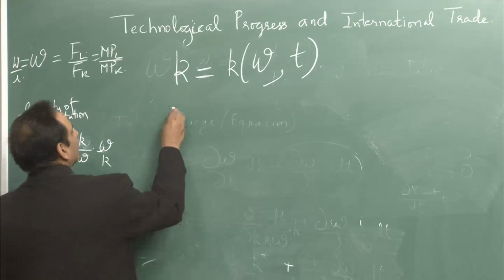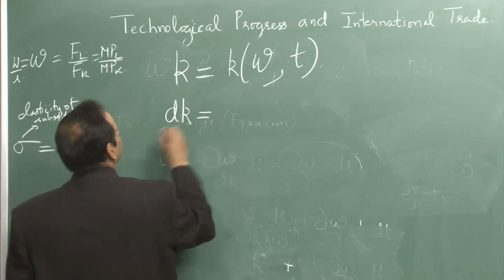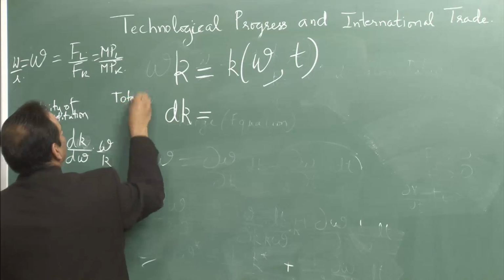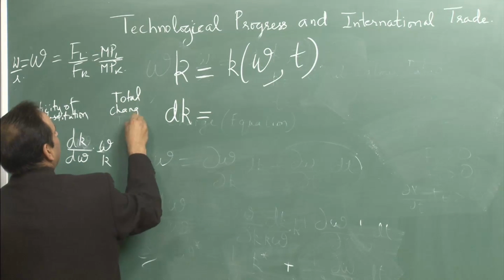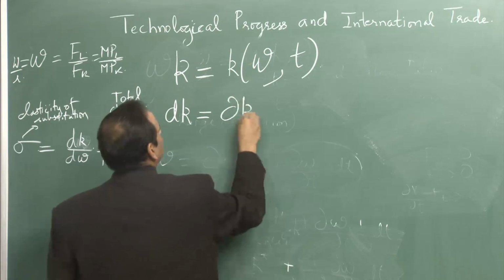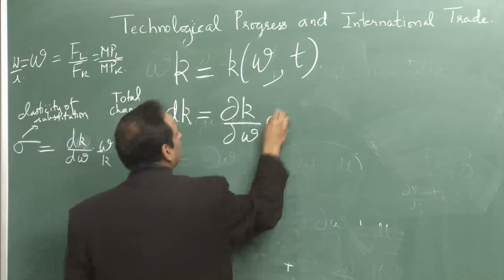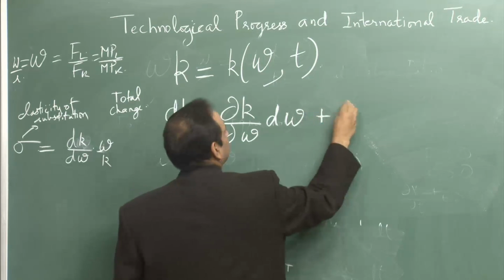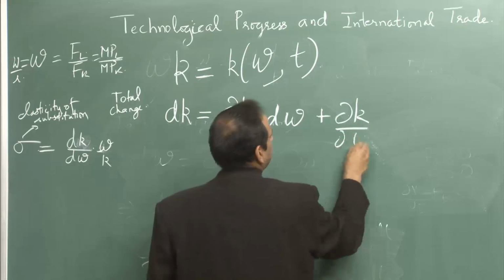So, again the total change in K is equal to del K by del omega d omega plus del K by del T dt.